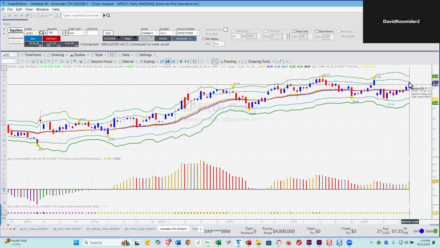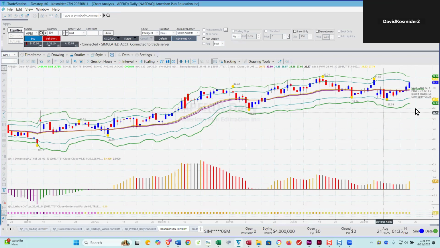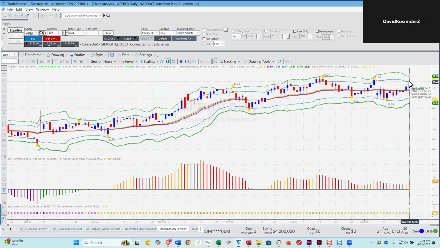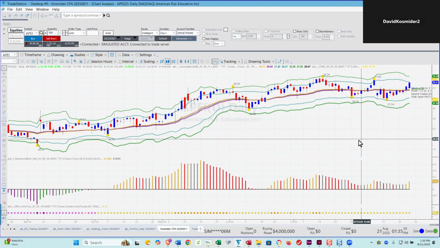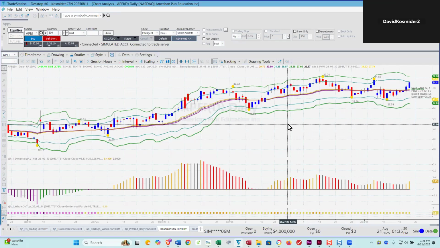So it looks like we have a move up to the upside. We shall see. So we're looking at going to 32.29 from 31.20 something. So we've got a point at least in that.